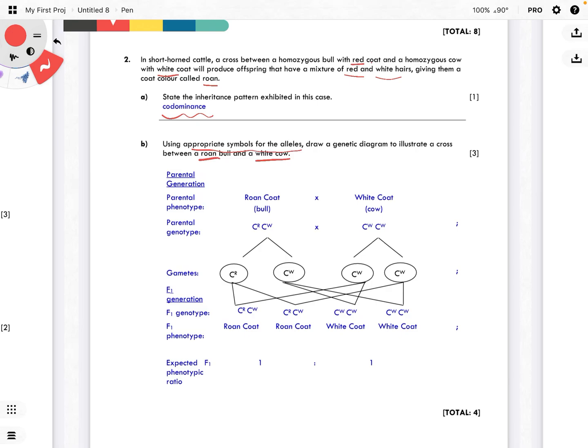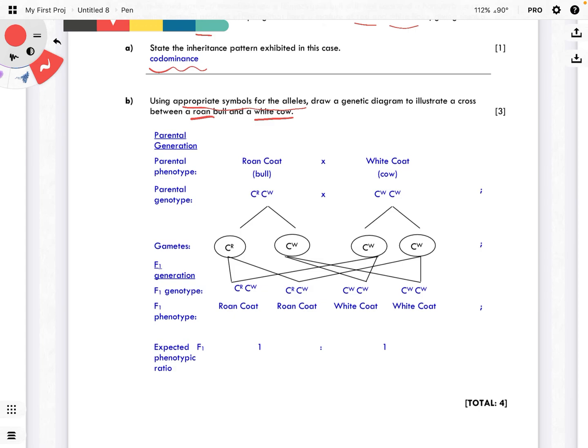Notice here, when we define the alleles, we use a big C, and then as a superscript, we use R and W. The reason why we use the same letter, big C, for both is because neither of them exerts dominance over the other, just like in the example that we went through in class. So when there's no complete dominance, you would have to use such a form of symbol.